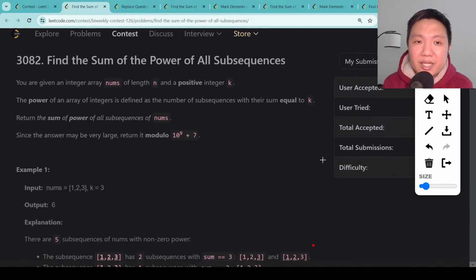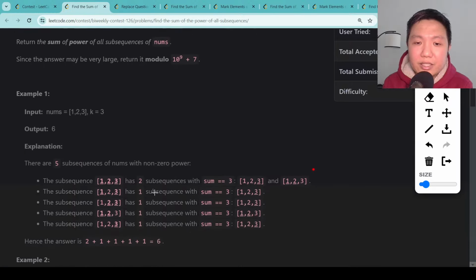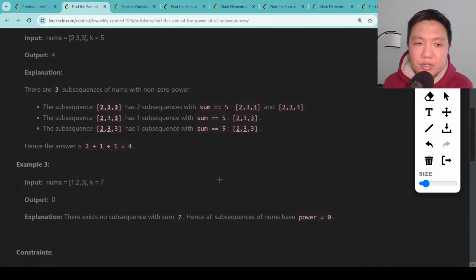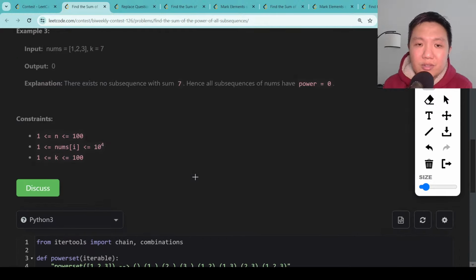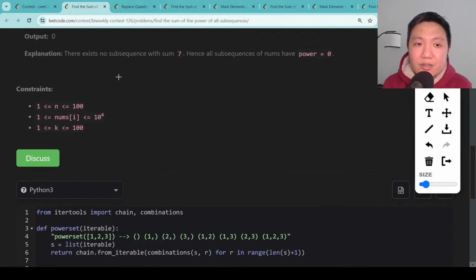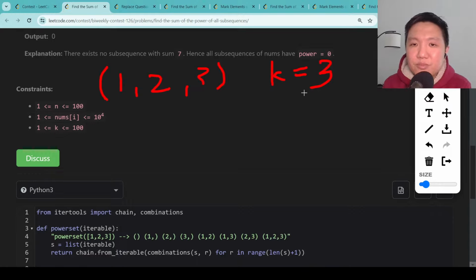Okay, let me get back to this. Essentially what you want to do to calculate how many subsequences there are is you can use include, exclude. So basically, let's say you want to calculate the number of subsequences in 1, 2, 3 that add up to k equals 3.